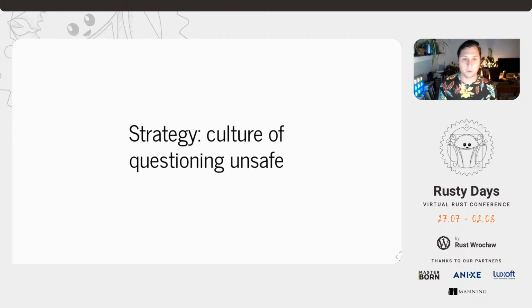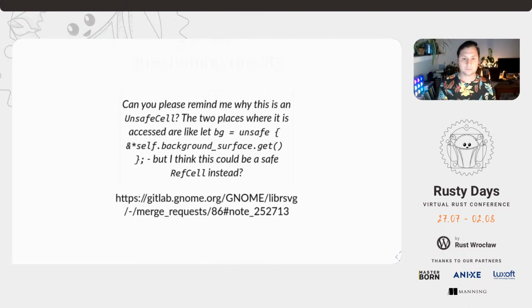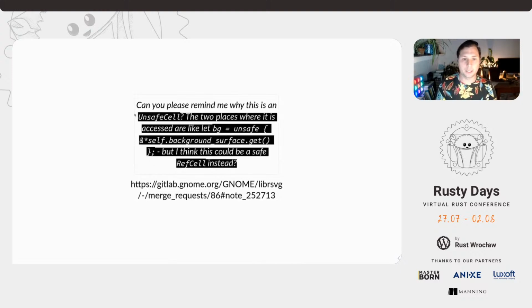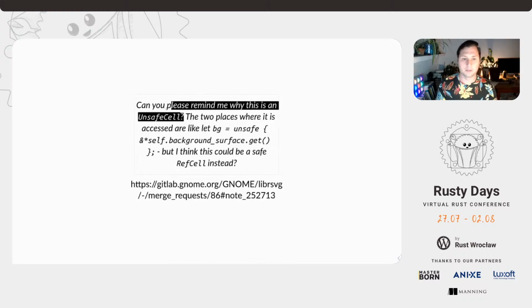One thing that I think is really positive in this project is that the entire culture is focused on questioning whether or not unsafe is a valid thing to do. Now, this is a code comment from one of their code reviews inside a merge request, which is GitLab's version of pull requests. The project lead makes this really good point, which is, why are you using an unsafe construct?